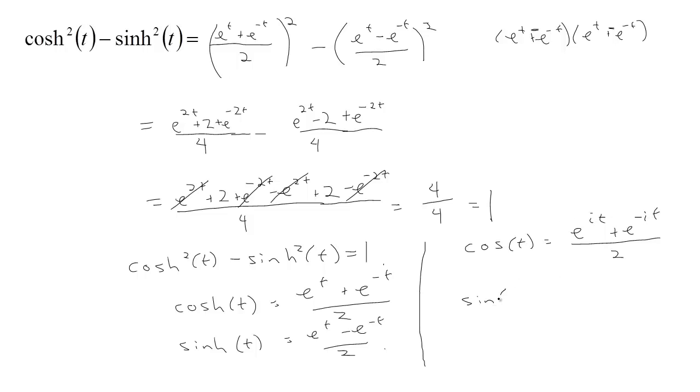And you can define the sine as e to the it minus e to the minus it all over 2i. So if you don't mind using imaginary numbers, there's a definition for cosine and sine that is very, very similar to the definition of hyperbolic cosine and sine, right? The only difference is the addition of this i. I need to draw a little line here so you keep that 2 that's in the denominator of cosine out of the numerator of sine.